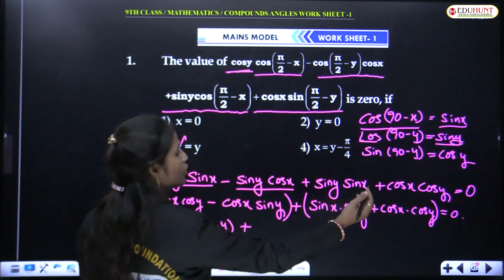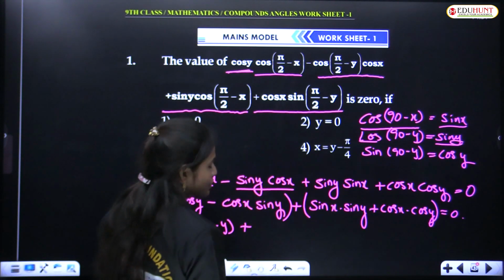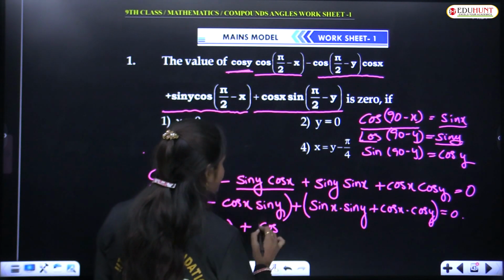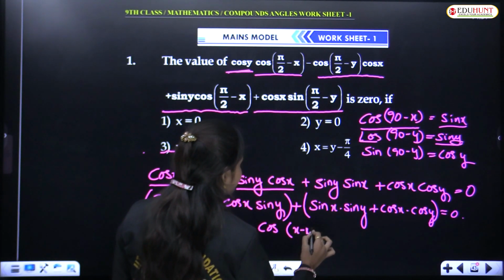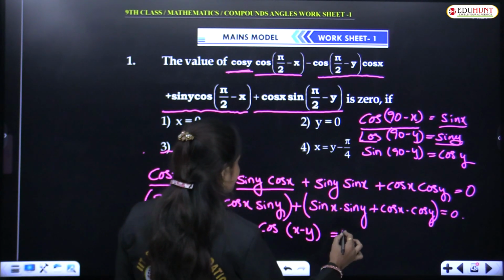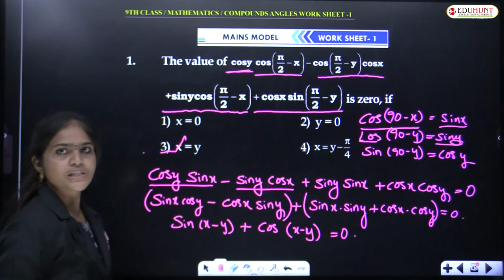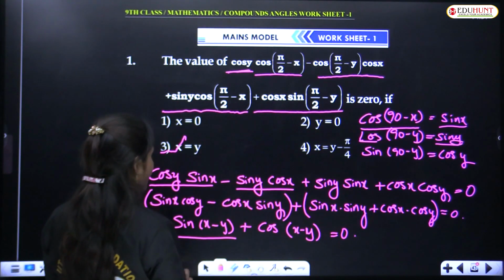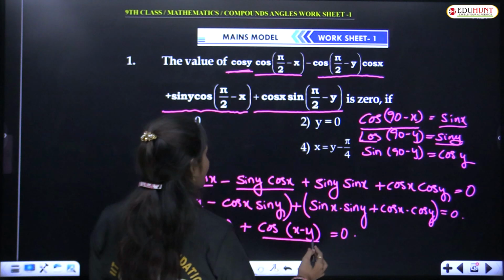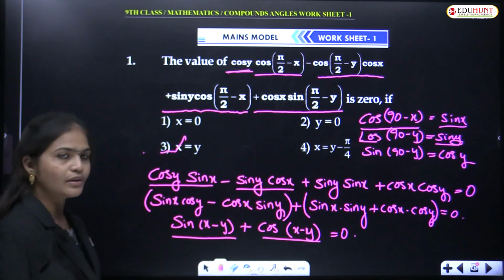So we can say that cos a cos b plus sin a sin b is the formula for cos of x minus y, which is equal to 0. So here what they are asking: sin of x minus y plus cos of x minus y is equal to 0.